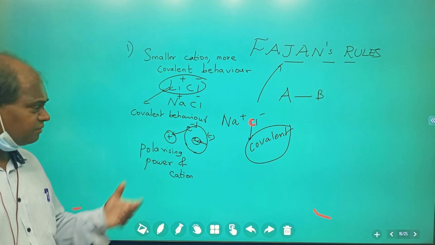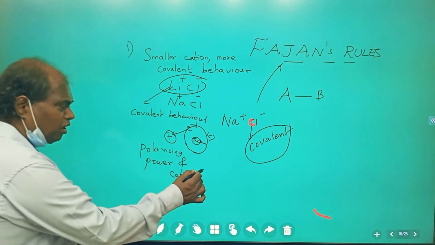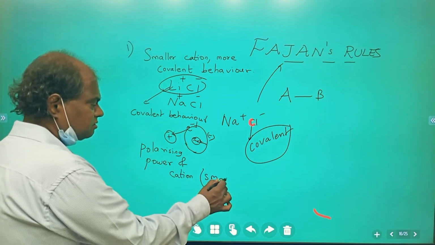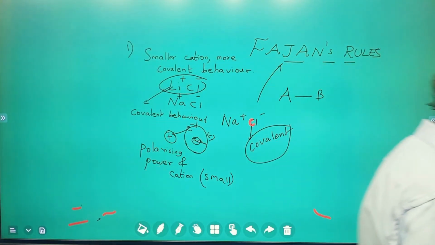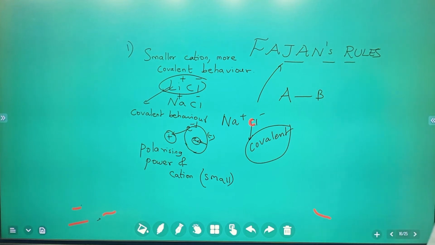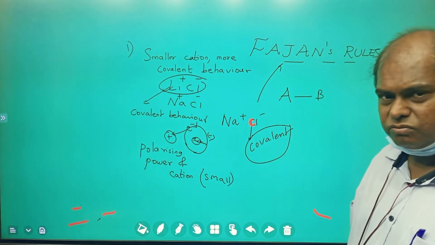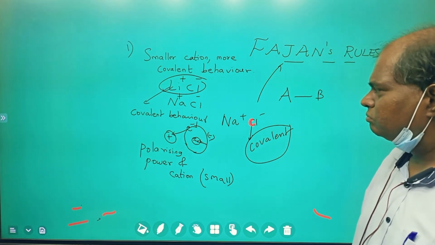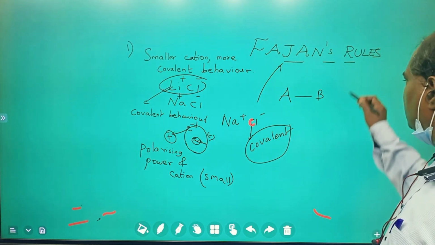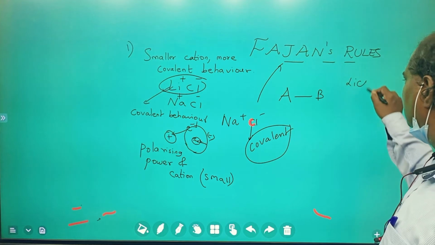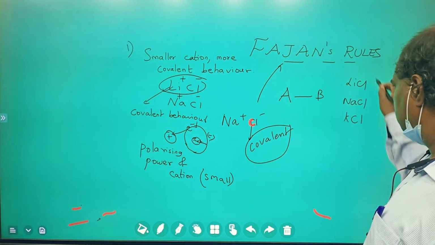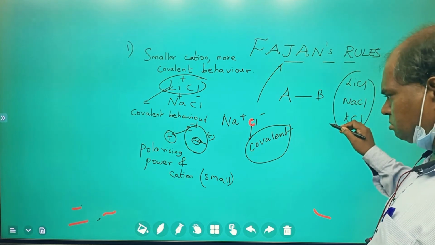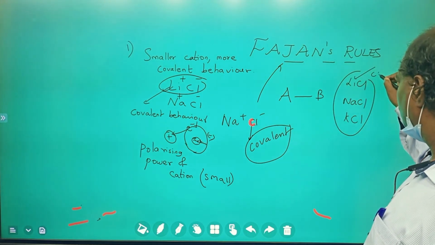This is very effective if the cation is very, very small. So smaller cations, more covalent behavior. LiCl will have more covalent behavior. If you compare LiCl, NaCl, KCl, LiCl will be the most covalent.